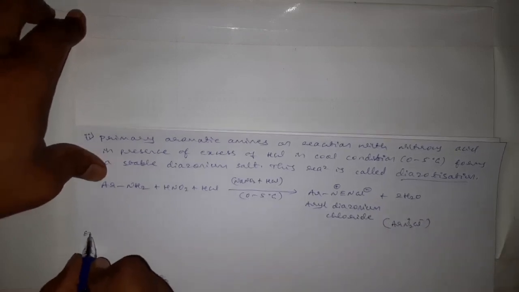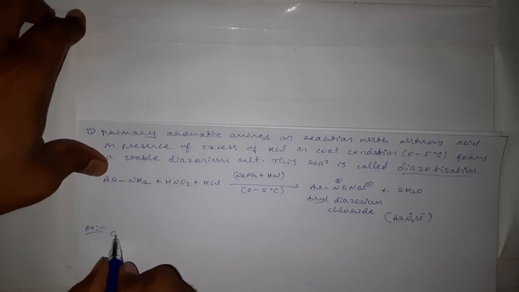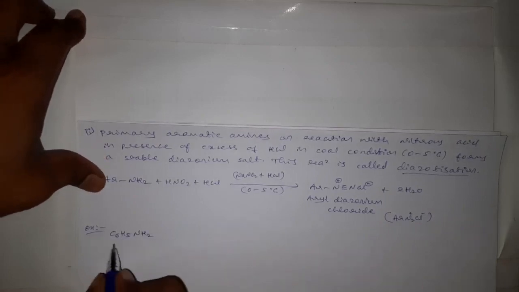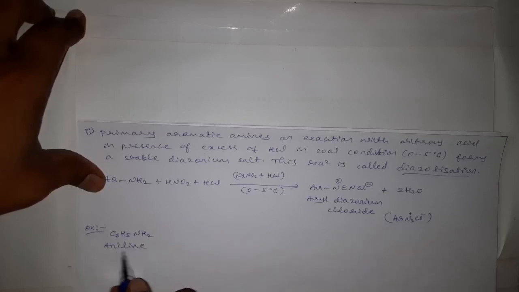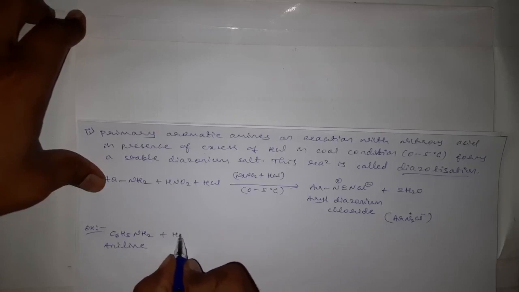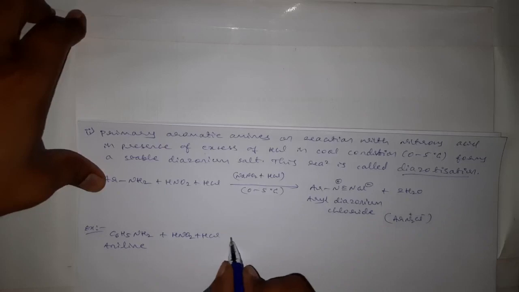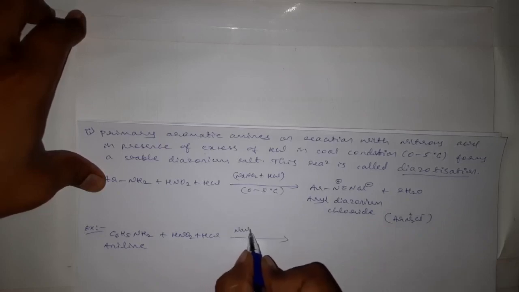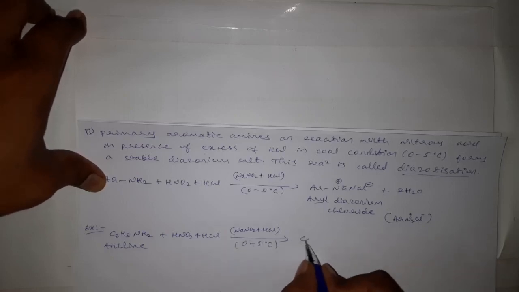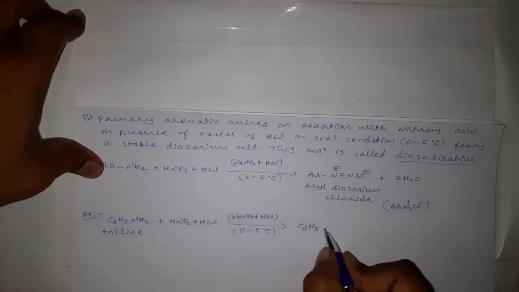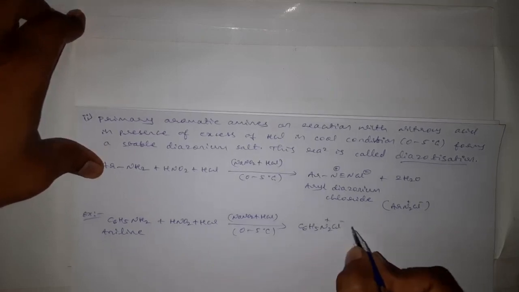For example, C6H5NH2 is the best example for a primary aromatic amine, aniline. When it is treated with a mixture of NaNO2 and HCl at 0 to 5 degrees Celsius temperature range, we will get C6H5N2Cl.